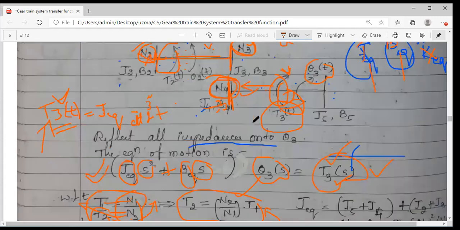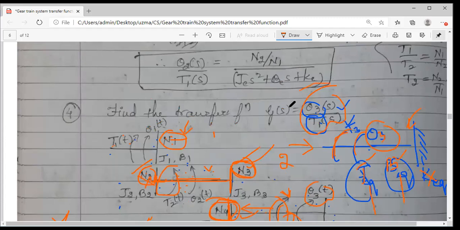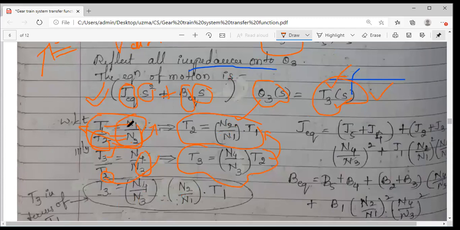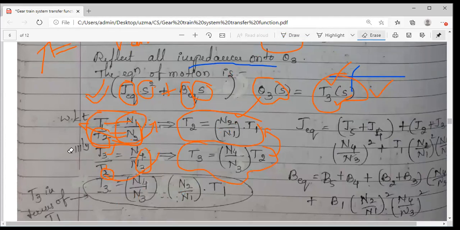We want T1 only. Question is in terms of T1 only, so we have achieved it. Starting from this ratio, T1 by T2 is equal to N1 by N2, from this we have got T2 in terms of T1, the required thing. Similarly, if I take T3 by T2, it is N4 by N3.